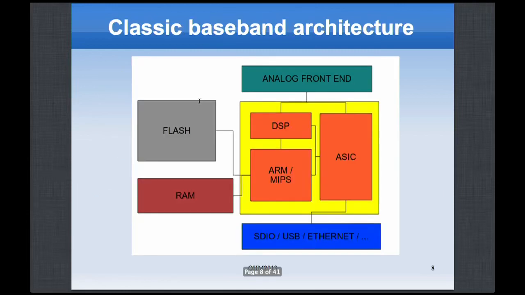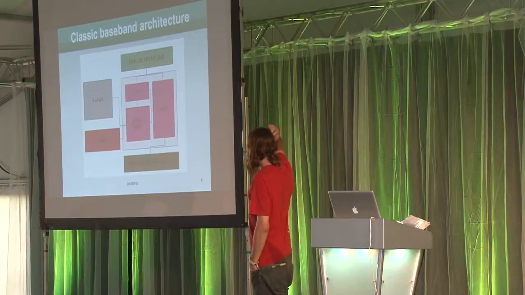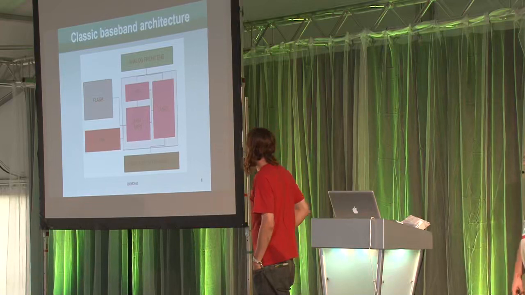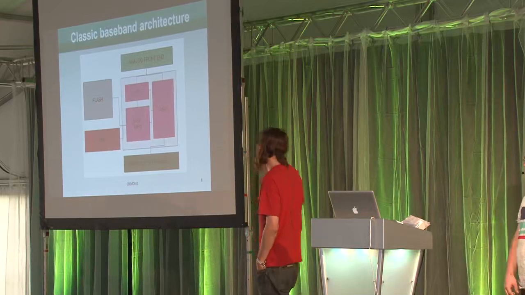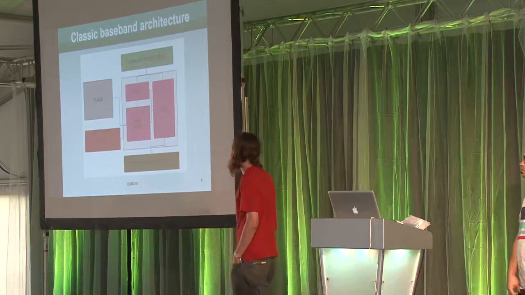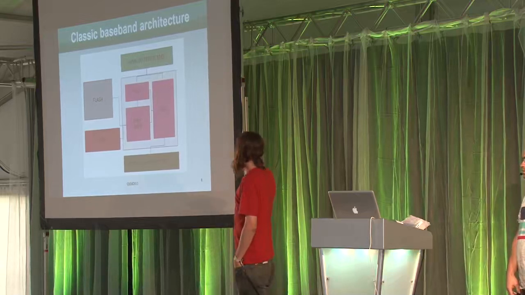Well, let's go. So it's a typical system on chip for a baseband. It's exactly the same architecture you have for an LTE chip or a WiMAX chip or a 3G chip, and here it's for a VoIP.